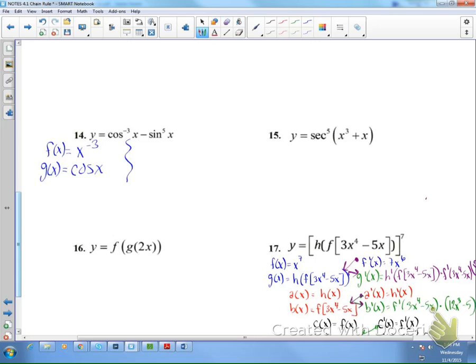But you're going to have to pick different letters because you'll have to do a separate chain on that one. If I just picked m and n, m, what's the outer function here? It'll have to be negative x to the fifth, and the inner function is sine of x. Okay? And then you continue.